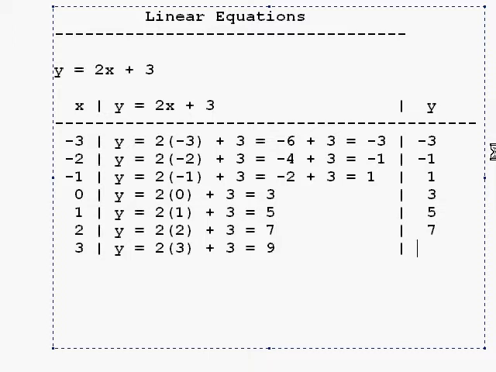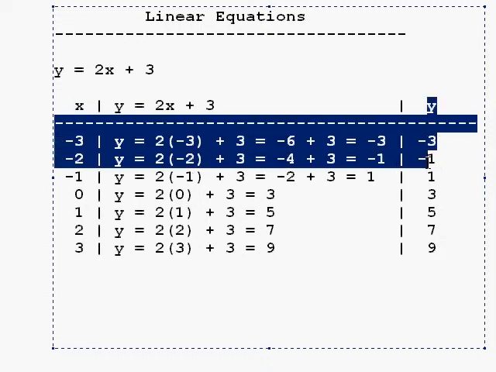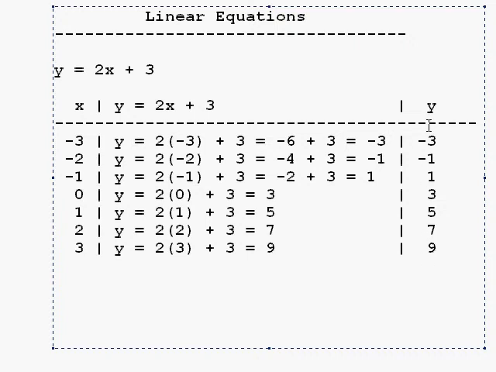So this chart is a list of inputs on the left and the respective outputs on the right. If you input 2, you get out 7. If you input -3, you get out -3.